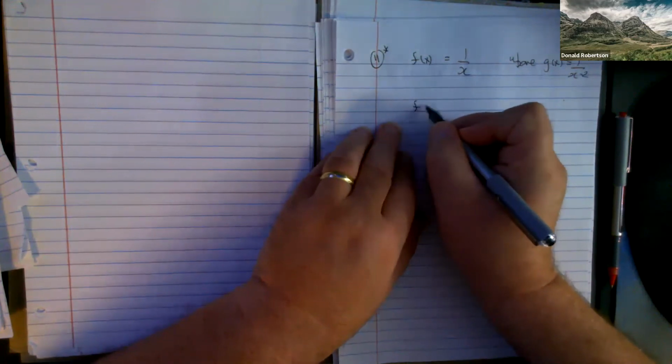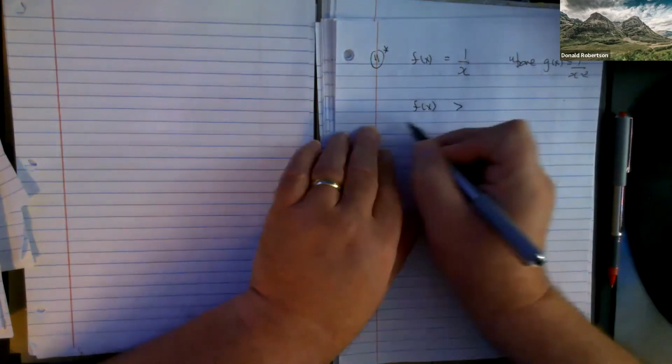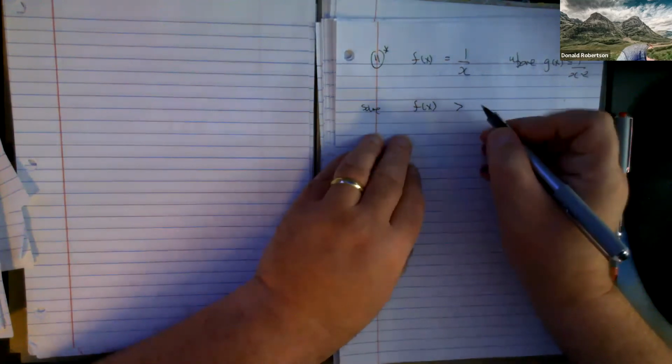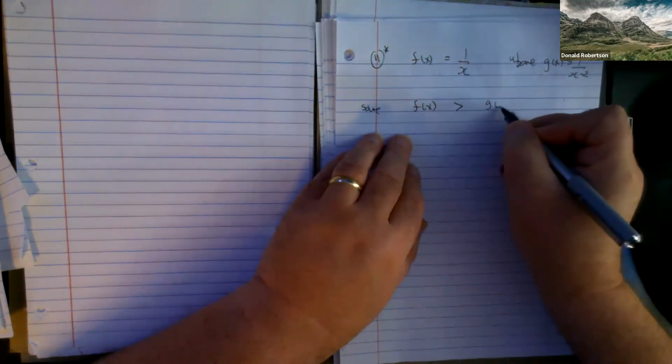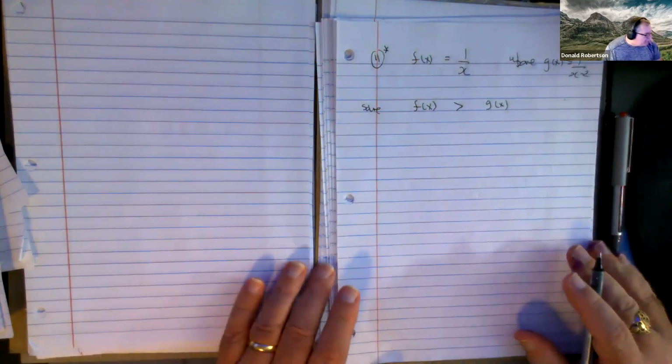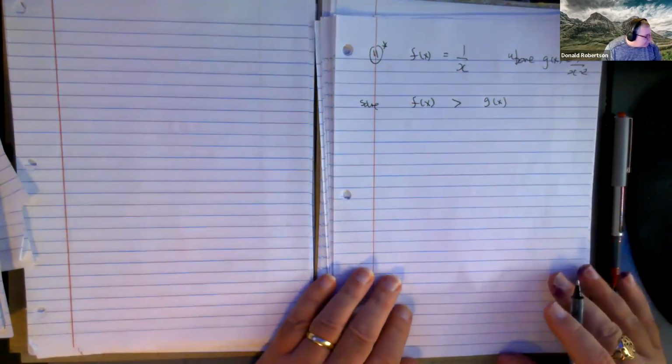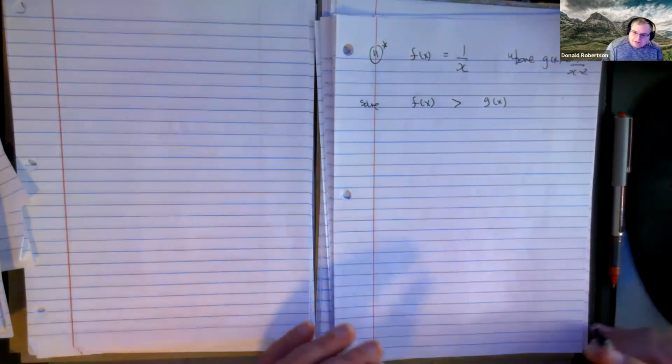Well, what you're trying to do is solve when is this guy greater than that guy. Now, since they only use the word above, the assumption I'm making is that you're not allowed to equal that answer, right? So that's why I'm doing greater than.